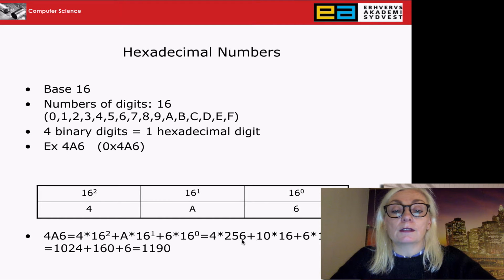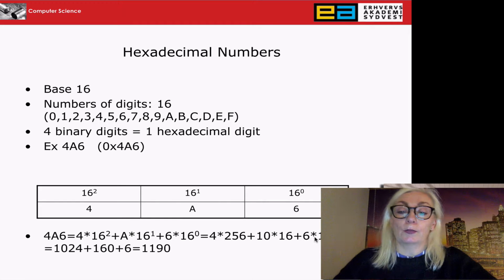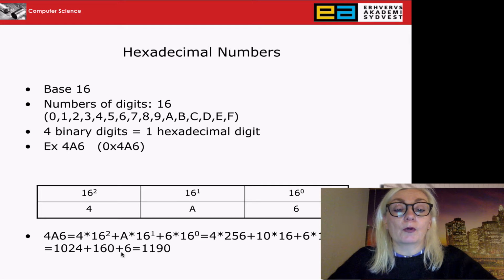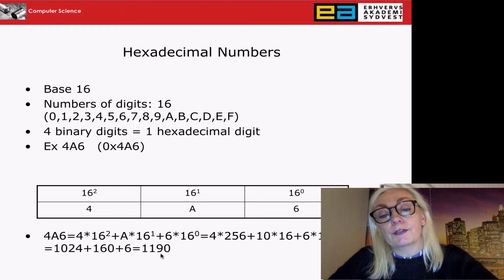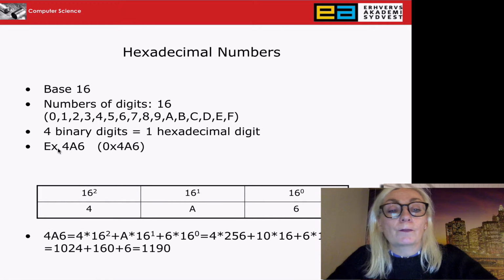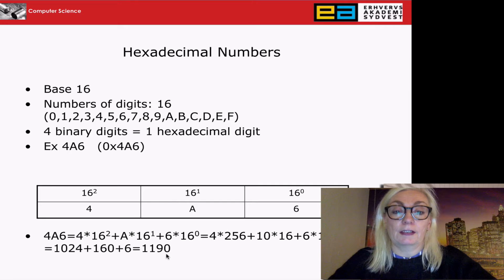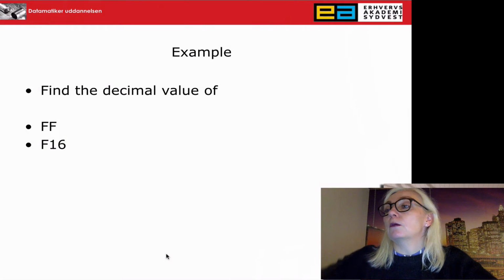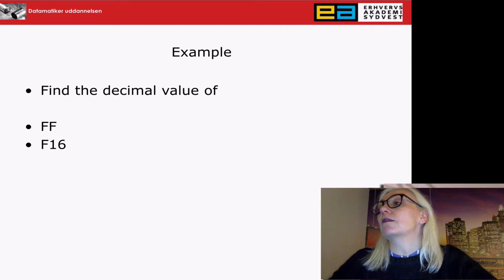So this is 10 multiplied with 16 plus 6 multiplied with 1, which is, when we add them all together, 1190. So 4A6 is the same as 1190 in decimal numbers. I think I'll only do one example here because I think you get it now, and this is just annoying big numbers to work with.